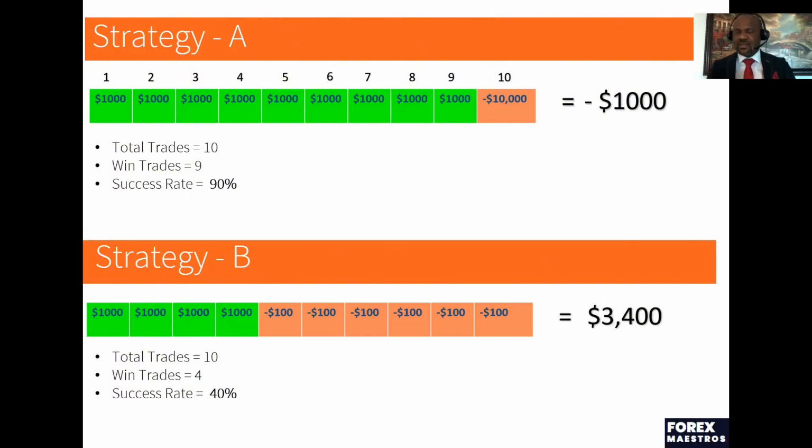Do you know that if strategy A can change his risk reward to even 1:1, this failed strategy can become a successful strategy? I'm telling you. That means that even if I have a strategy that has a 50% success rate, are you with me, guys? I don't need to trash that strategy yet.